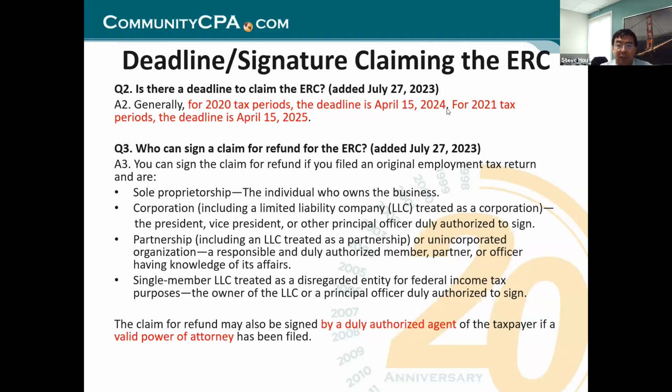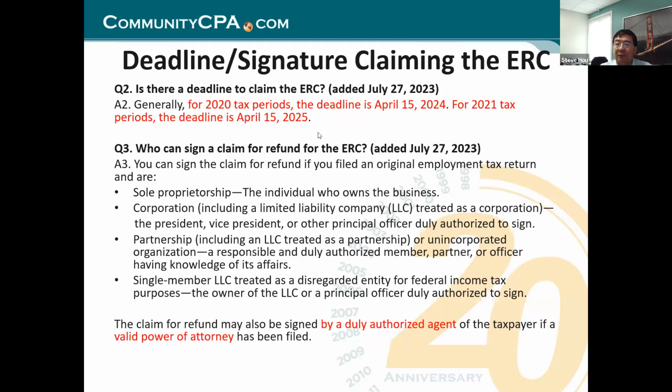So you still have time. Not too many months left, but you still have a good 6-7 months left to claim the 2020 ERC. For the 2021 ERC, the deadline is a year later, April 15 of 2025, so you have more than a year left to submit the claim.